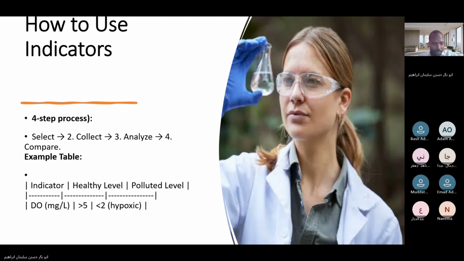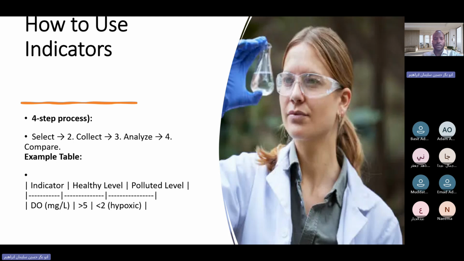For example, the indicators are health level and pollution level. Take DO, or let me say, dissolved oxygen. If you need to see the quality of water, there are machines that can measure the dissolved oxygen inside that water. If it is less, that means it is not good.